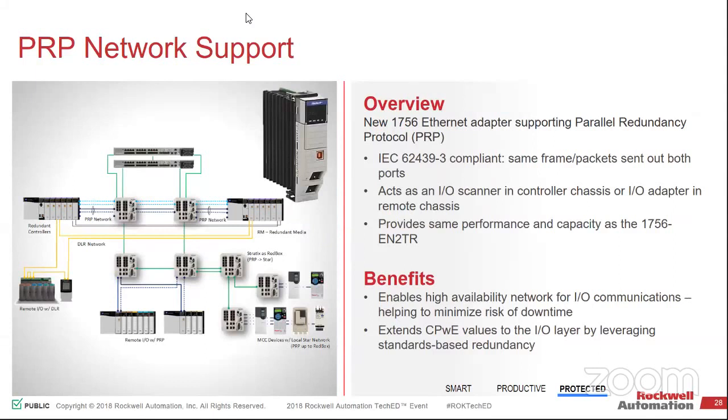So in addition to a self-healing ring in the PlantPAx environment, now we can move up to a parallel redundancy protocol architecture within PlantPAx. So basically what we're doing, I know Louis touched upon it at the beginning of the session, is we're running two networks out of the EN2T PRP card.